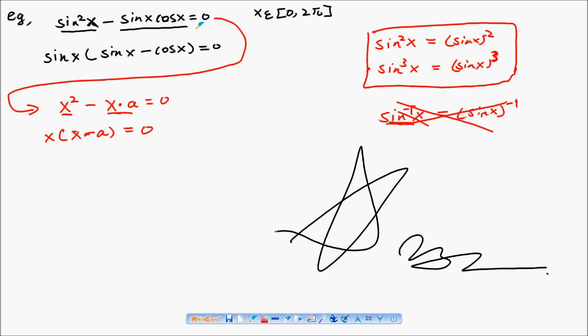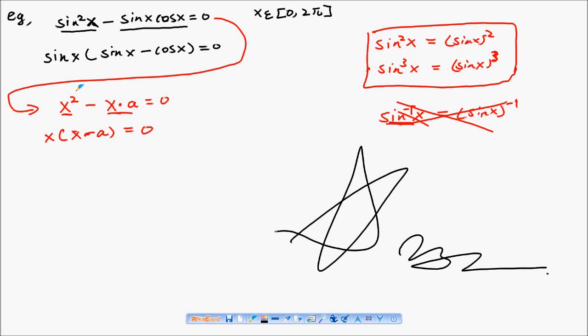We do the same thing here, and the difference is in the question we don't have a single x, we have a sine of x, sine x. But it's simple algebra, we can do it. We still can do the same thing.